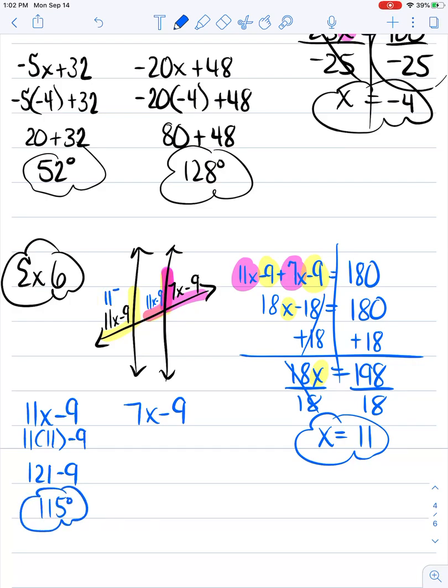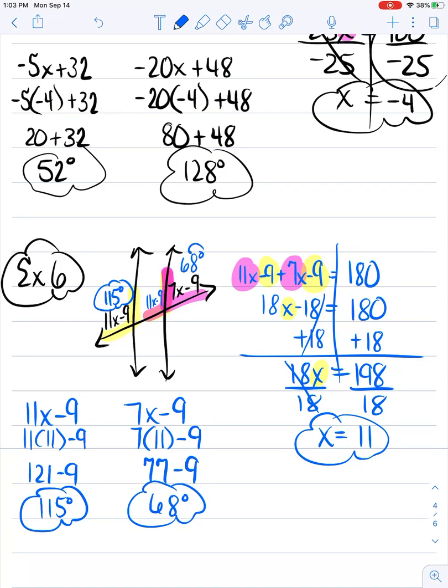So this angle over here was 115 degrees. And then let's do this one. 7 times 11 minus 9. So that's 77 minus 9, which is 68 degrees. So this angle over here is 68 degrees.